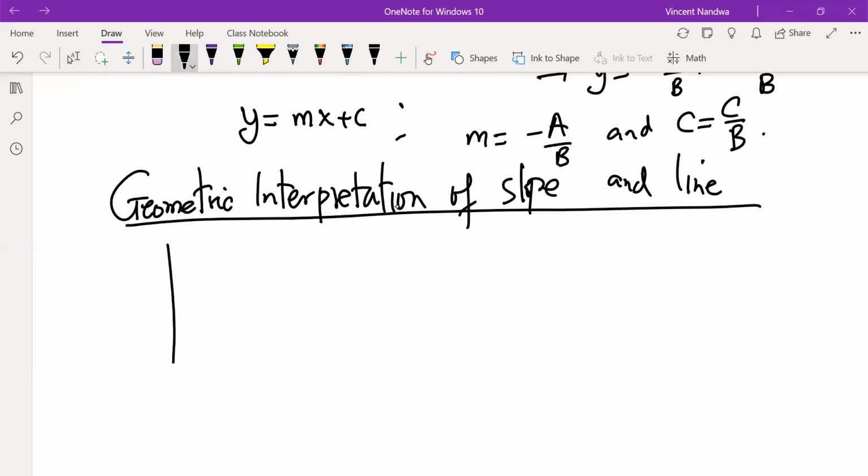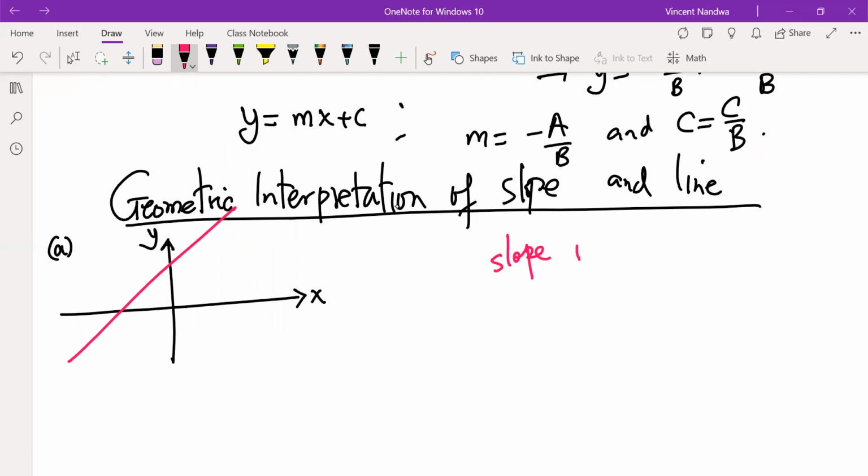If this is the x and y axis, let's say this is case A, and we have lines of this nature, then the slope is positive.